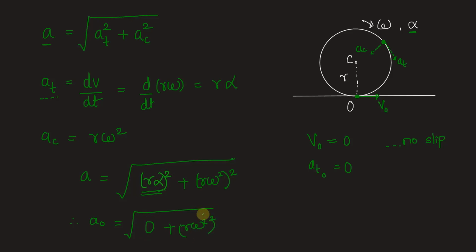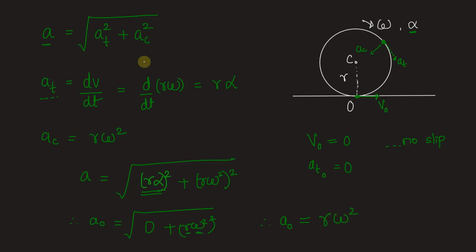This cannot be 0 because the radius of the roll is non-zero. Angular velocity at point O will be the same as the angular velocity of the disk. So both the terms are non-zero, that is why the centripetal acceleration will be non-zero, and therefore we have final resultant acceleration at point O equal to under root of this value, which gives us r omega square.